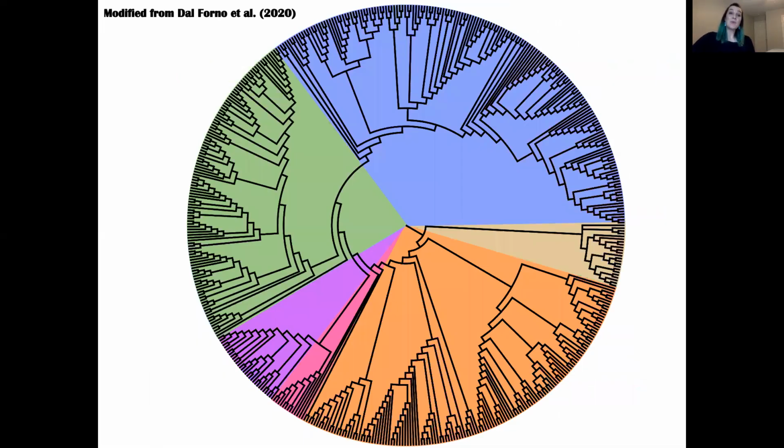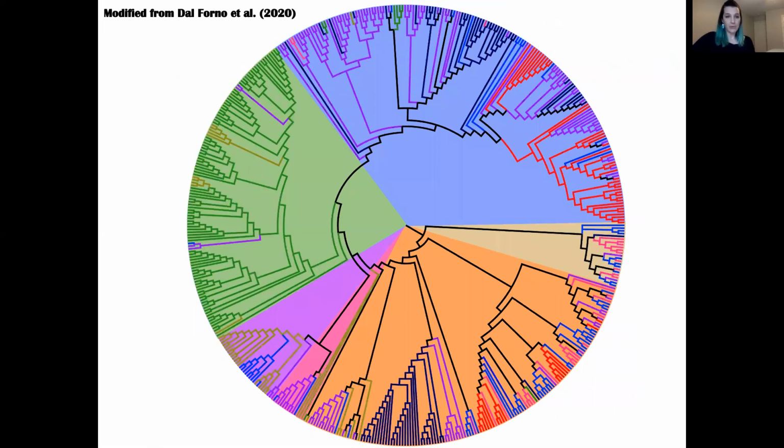Now, I want to include the entire clade for you to see how these photobionts are distributed. But instead of looking genus by genus, we're going to look at this circular tree. And you remember this from before, right? Now, in addition to the genus colors, which are in the background, I will plot these haplotypes.